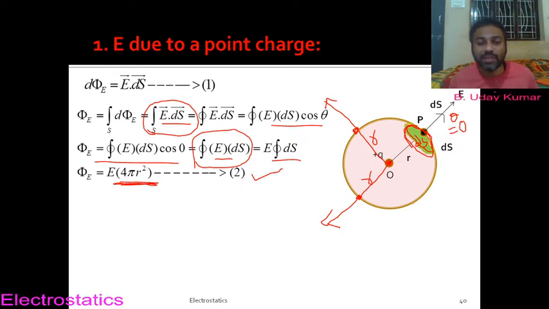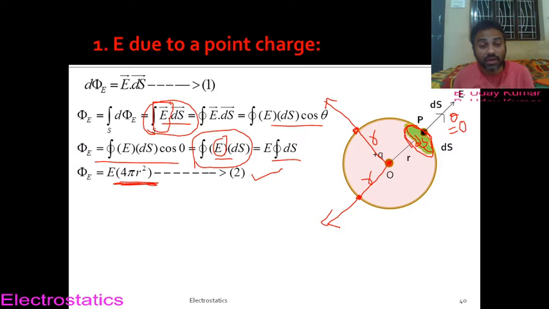So if the point P changes, the direction changes but the magnitude remains constant. Hence E is not constant in the vector case, because its direction is changing, but this E is just the magnitude, and hence you can take it out.